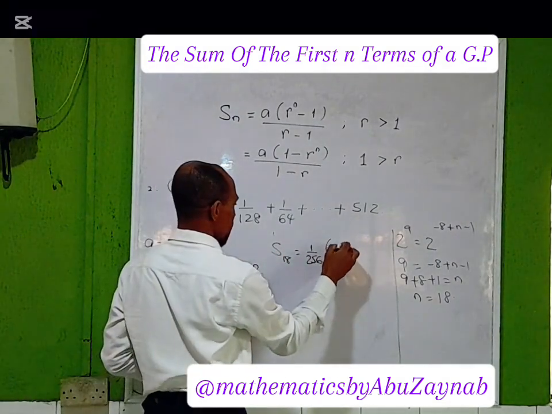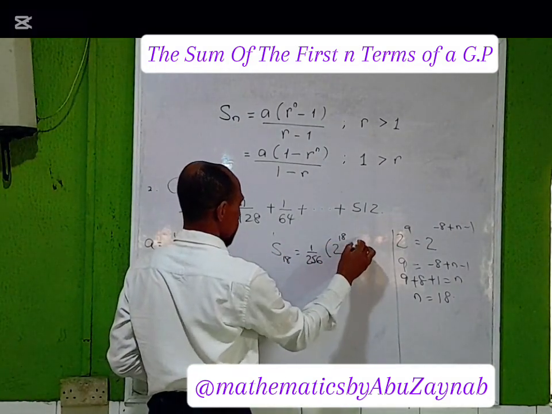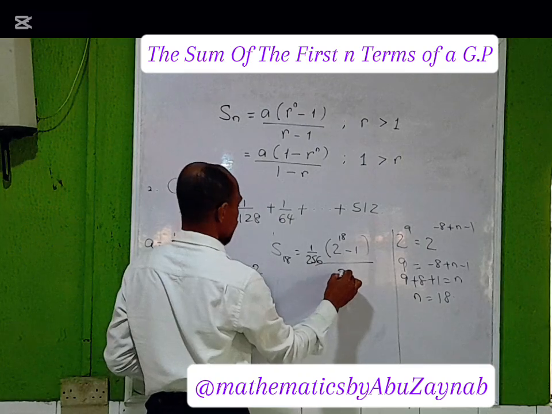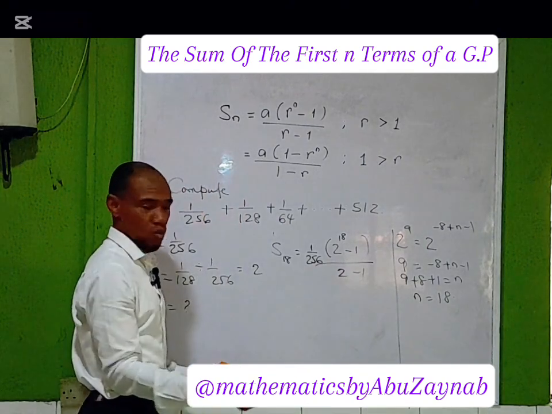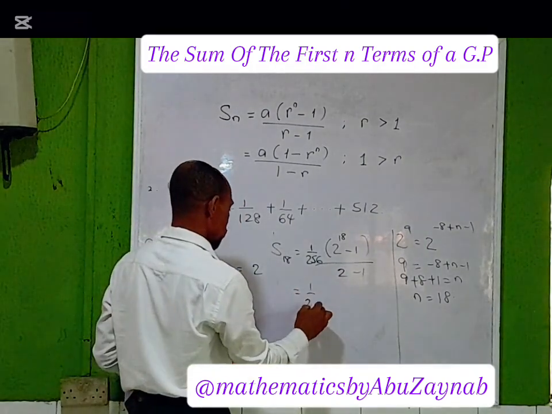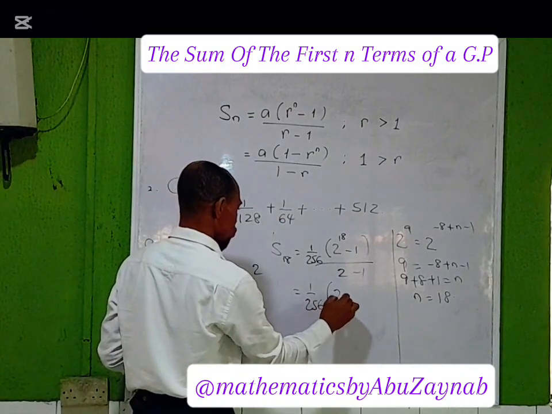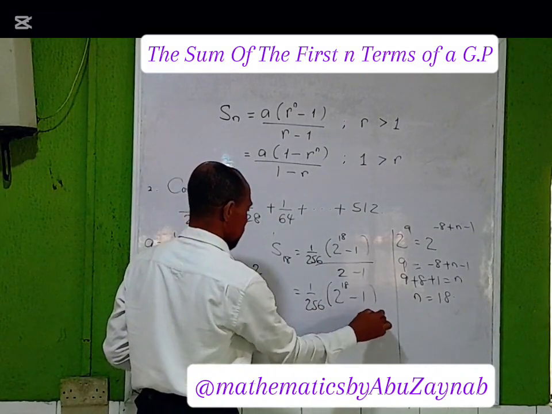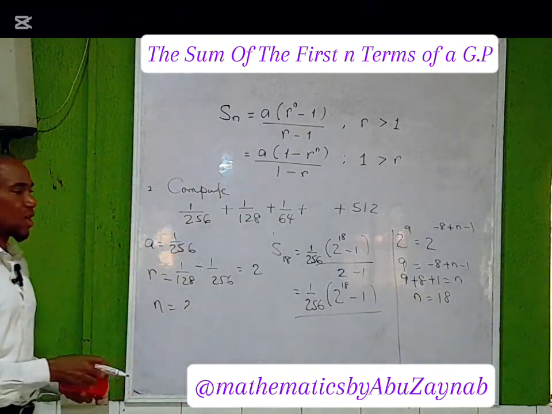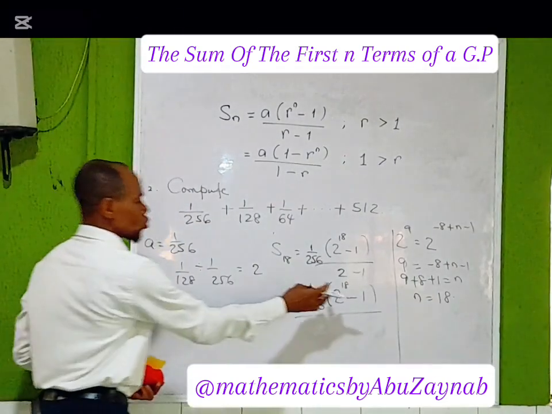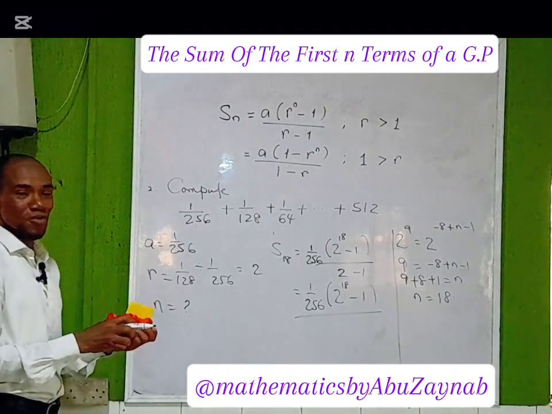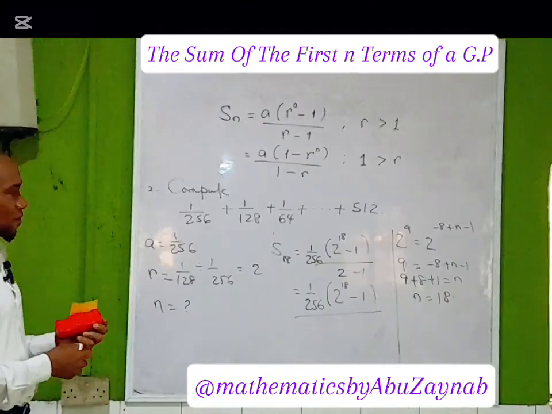R is 2, so 2 minus 1 is of course 1. So you have 1 over 256 multiplied by 2 power 18 minus 1. It's also permissible to leave the answer this way because 2 power 18 is so humongous. But that's the answer, very acceptable.